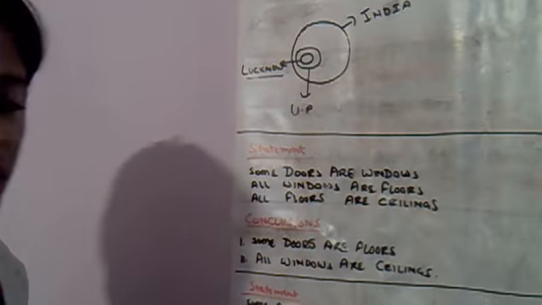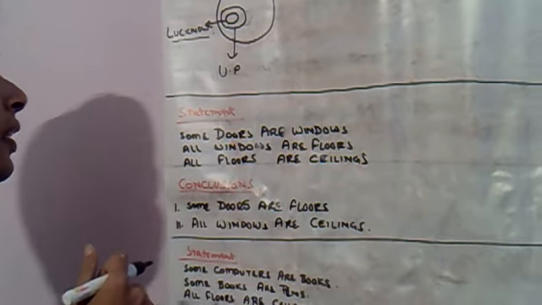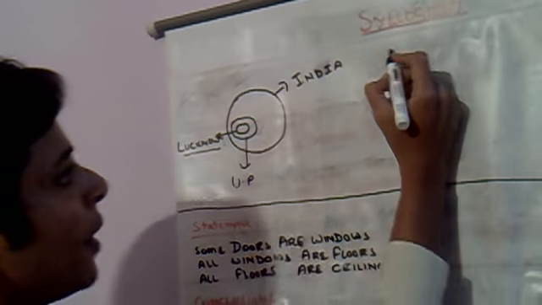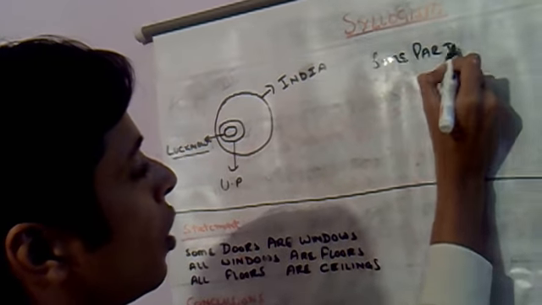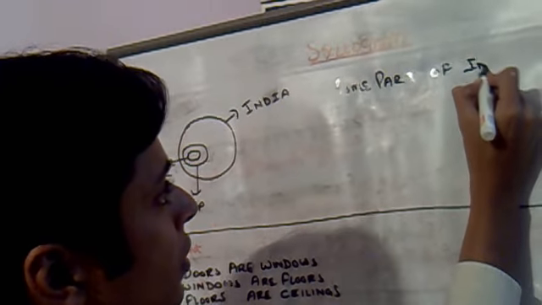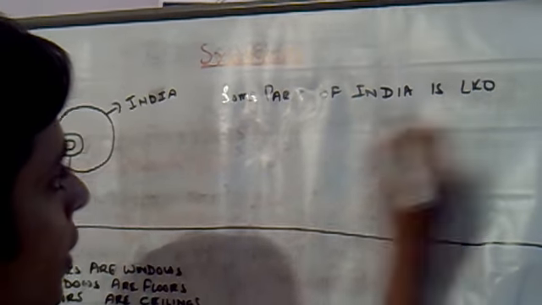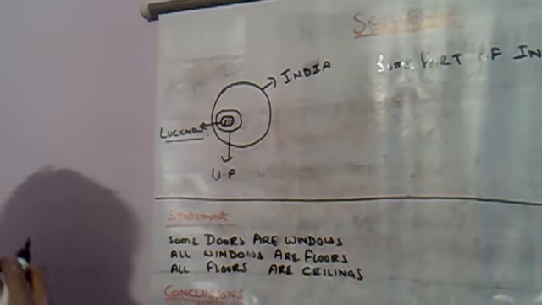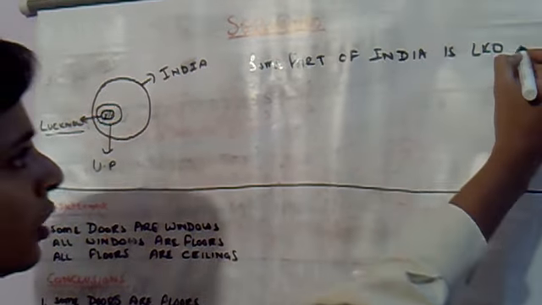Now if I say for the sake of argument that some part of India is Lucknow, folks, is it true or not? This part of India that is in UP is Lucknow, and some part of India is Lucknow. So this is correct.